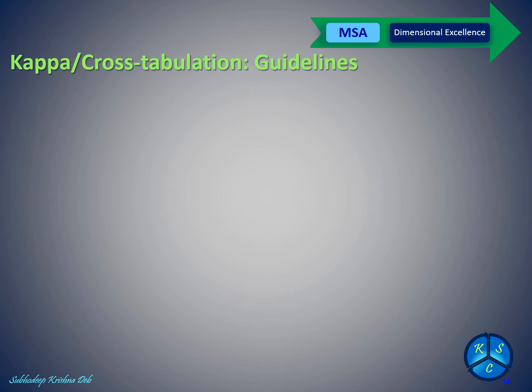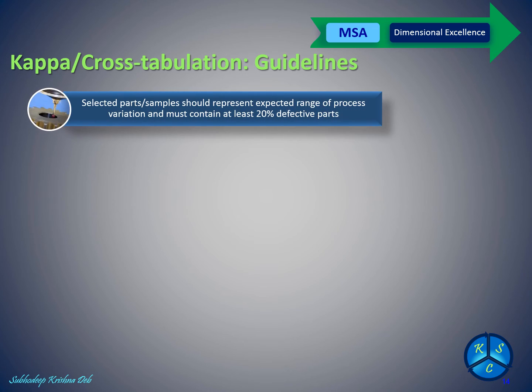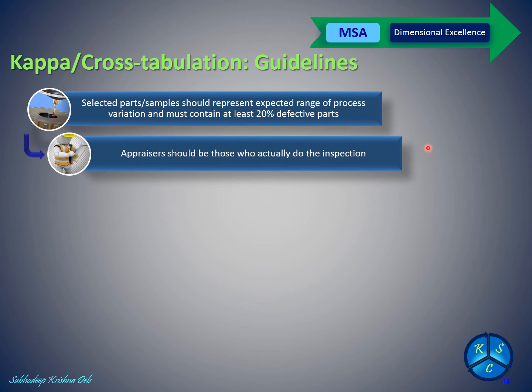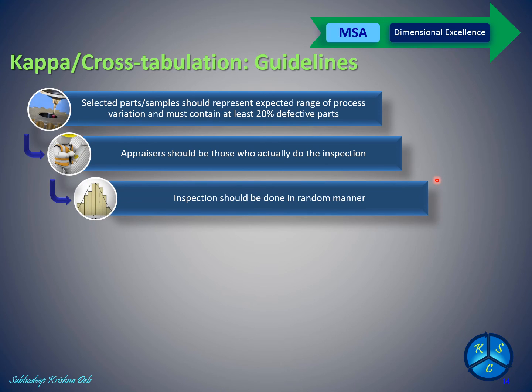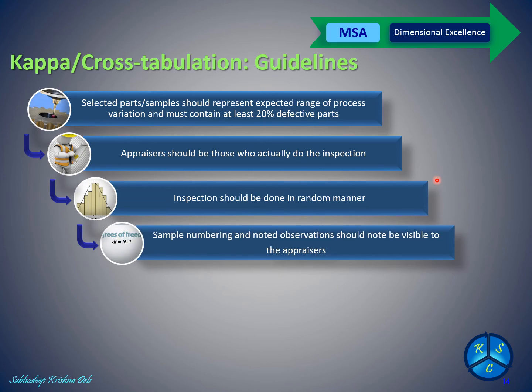Now there is again a set of guidelines that need to be followed for the kappa method. The selected parts or samples should represent the expected range of process variation and must contain at least 20% of defective parts. This needs to be ensured while selecting the 50 samples. Appraisers should be those who do the measurement. Inspection should be done in a random manner.